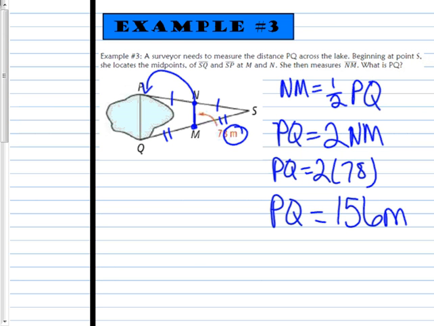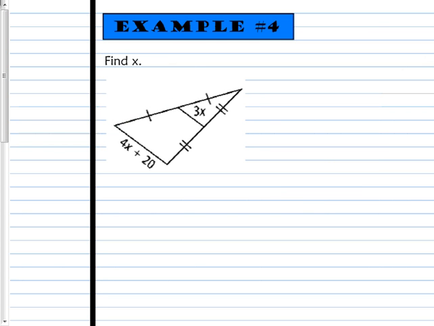Okay, this is very much more basic than what we've honestly been learning the past couple of lessons. Very easy as long as you just remember that the midsegment is half of the parallel side. Let's try example 4. Find x.